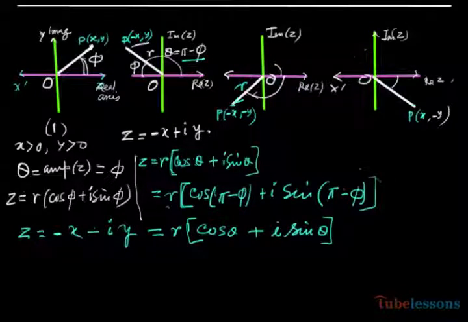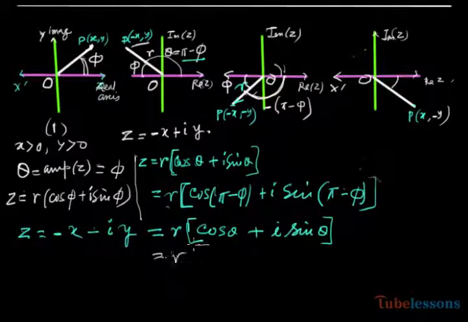Now what is the value of theta here? Actually the angle is from here, but numerically we will move from this to this one. As this angle is phi, theta will be minus of pi minus phi.